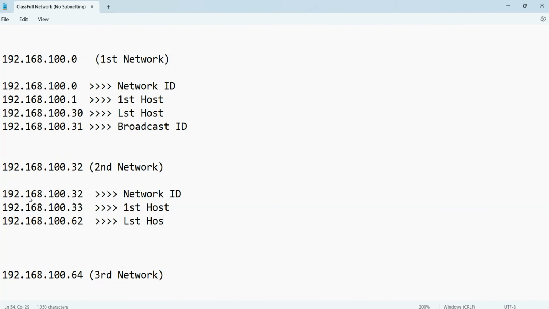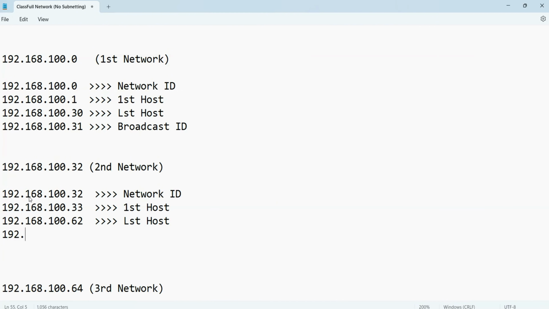Correct. So this is the last host, and my broadcast is 63. In other words, this number and this number, I cannot put them as IPs. If you count from 33 to 62, you will get 30 hosts, just like from 1 to 30.